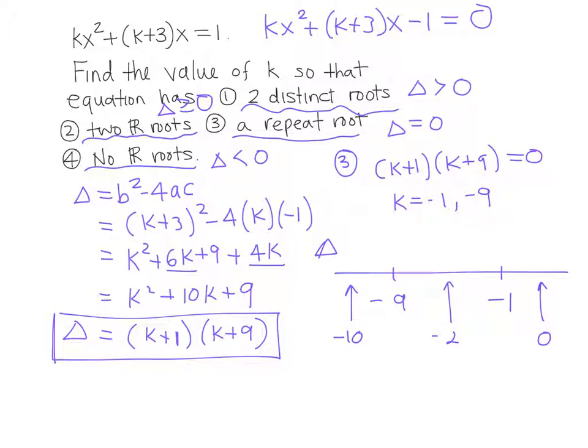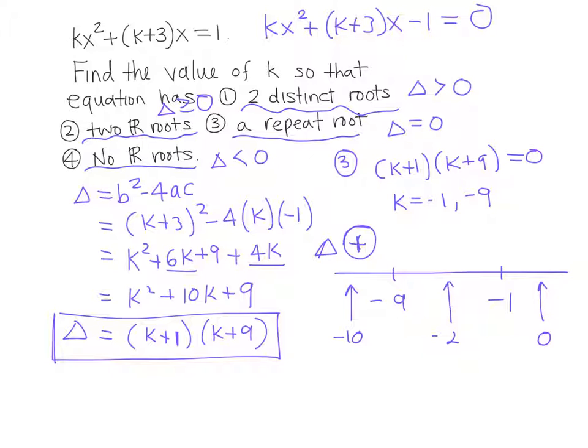So plug in the -10. We have -10 plus 1, that's -9, times -10 plus 9, that's -1. So -9 times -1 is a positive number. Here we're not interested in finding the exact value of the discriminant, but whether the discriminant is positive or negative.